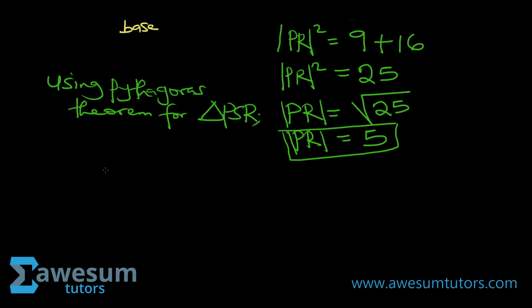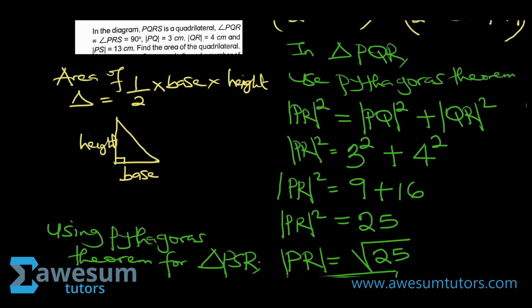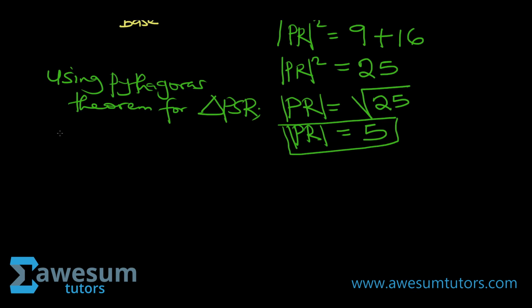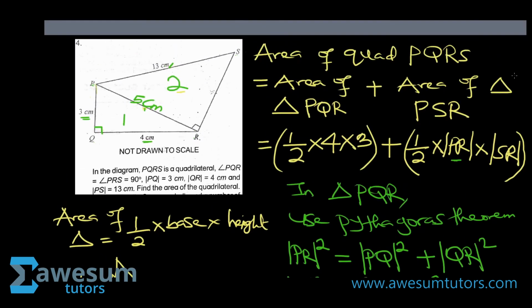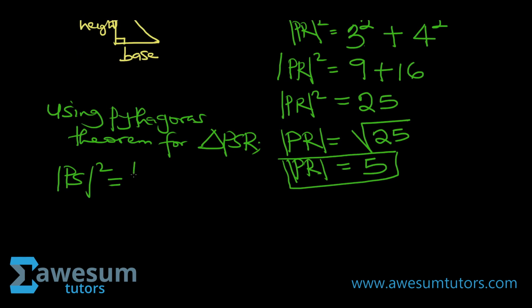Take note, we know that it's going to be the square of the hypotenuse, and the hypotenuse right here is PS, okay? So I will say line PS squared equals opposite squared, which here is SR. So line SR squared, remember it's hypotenuse squared equals opposite squared plus adjacent squared.